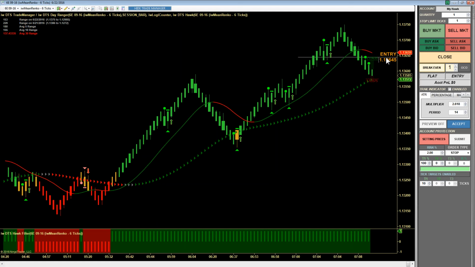So let's say we're looking at this macro pullback signal, and I only have 1 contract. We'll see whether they fill us here in a second. Providing the market doesn't just fly up there in a heartbeat, I should have time to X out my profit order when it engages.